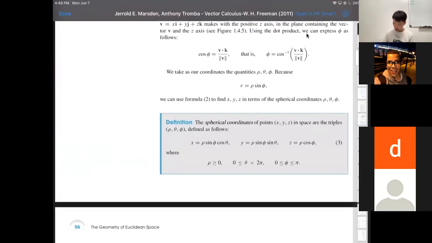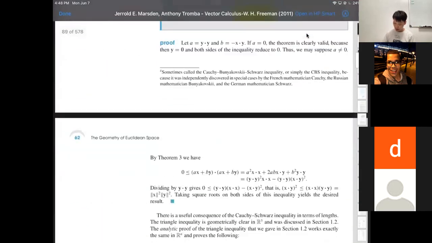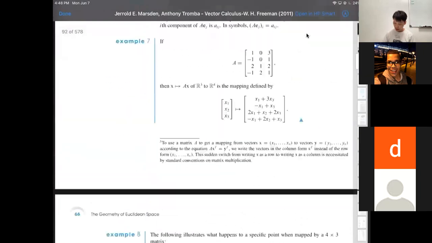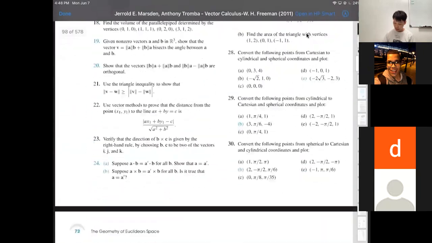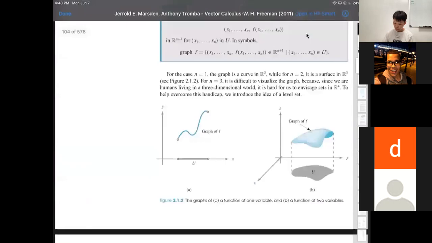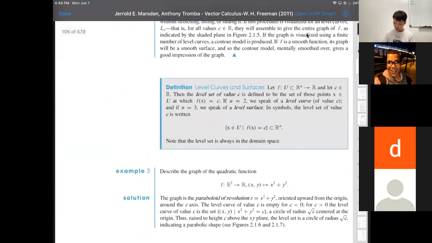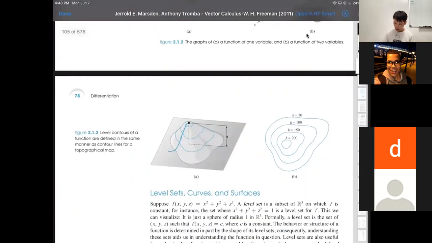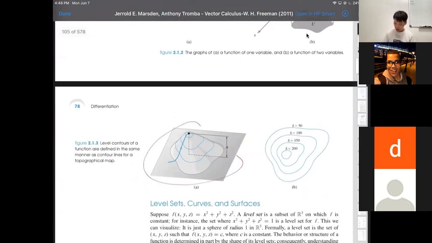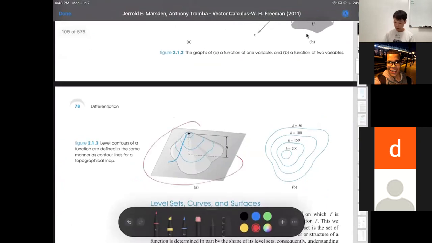Let me see if the book has a better example. Right. So let's see, you have something like this. Okay. So in this case, this is part of the level curve, one of the level curves.